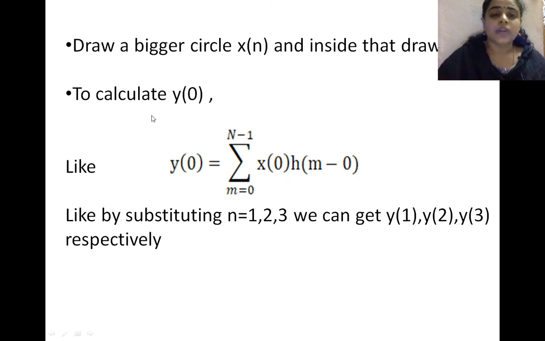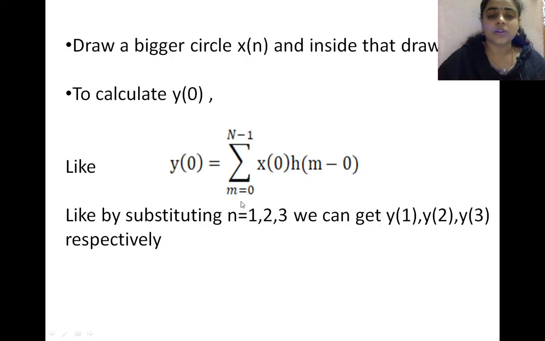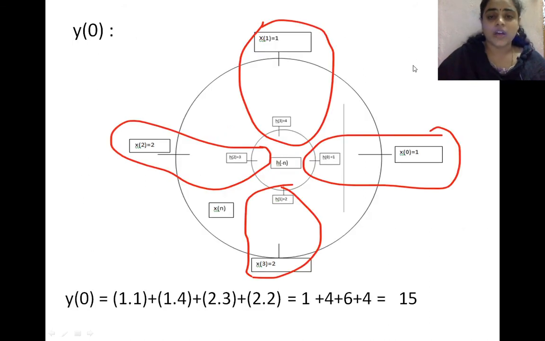To calculate y of 0, I am going to substitute 0 in this formula. If you want y of 1, y of 2, y of 3, for linear convolution you can substitute here itself. But this is circular convolution, so we approach it only in the circular way.